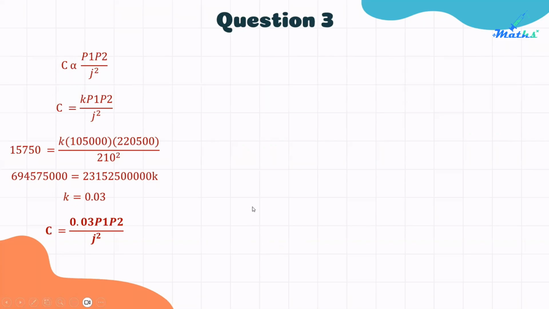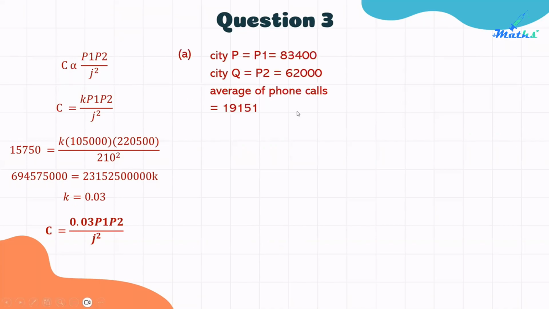Okay, now we need to find the distance between city P and city Q. So if the population of city P is P1, so it is 83,400 and city Q is P2 and is 62,000.